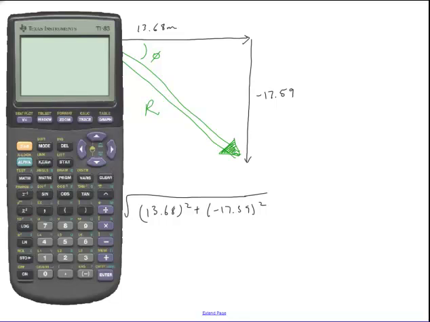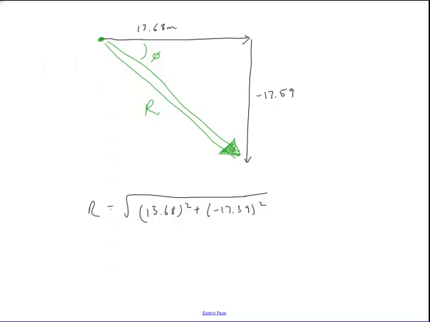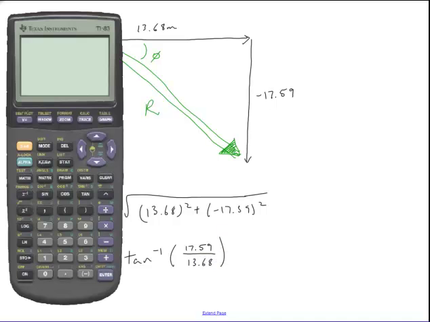Theta equals tan inverse of opposite over adjacent. That's 17.59 divided by 13.68.